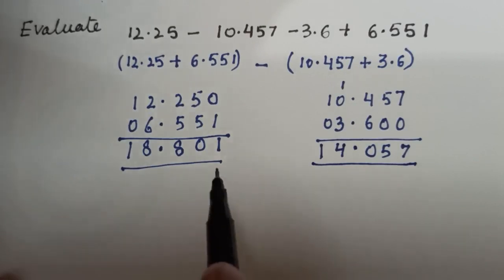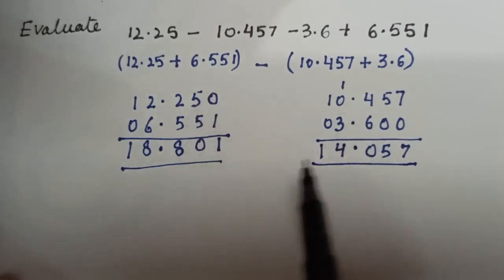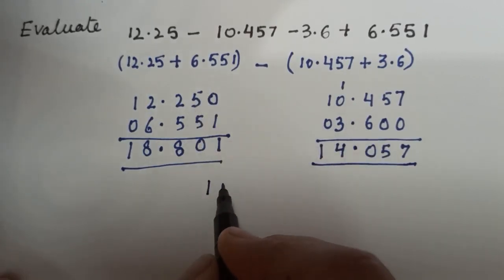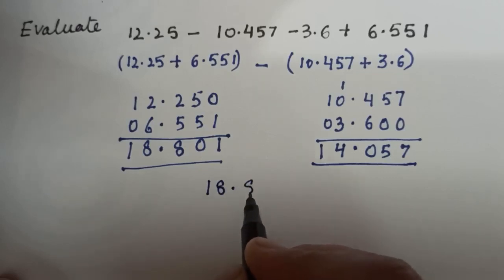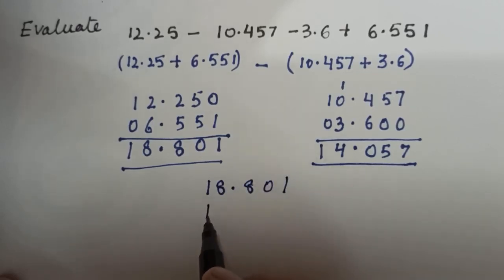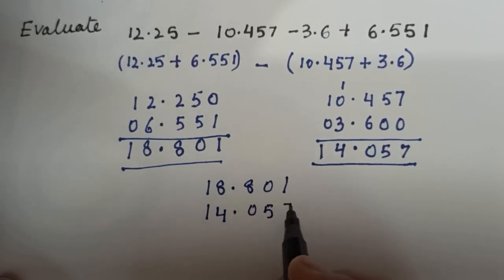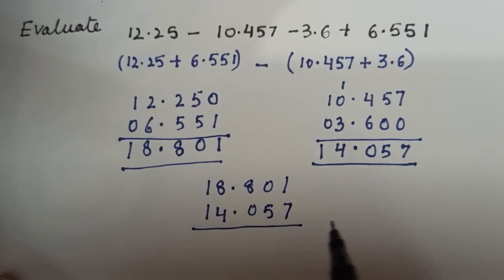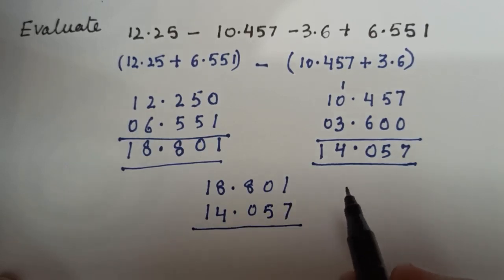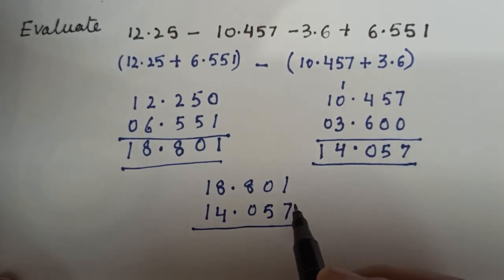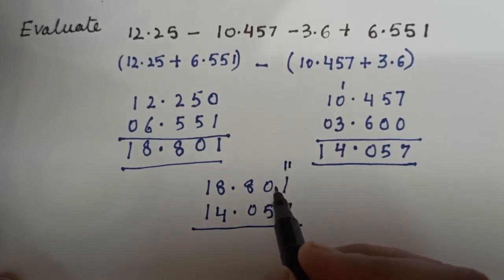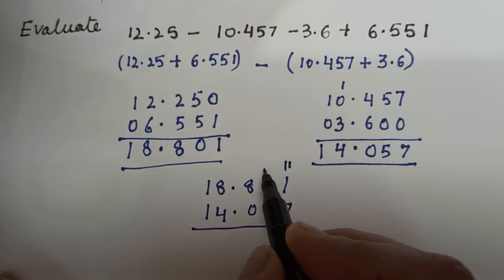Now we have to subtract these sums. So I will write here 18.801. Below this we will write 14.057. Now we will subtract them like simple numbers. Alright, so here we will make it 11. To make it 11 we have to make it 10.